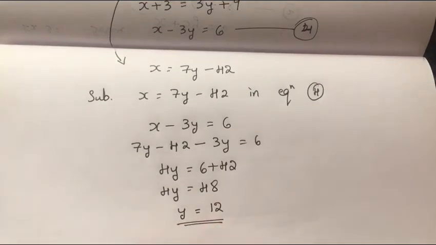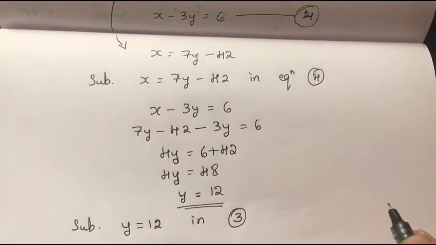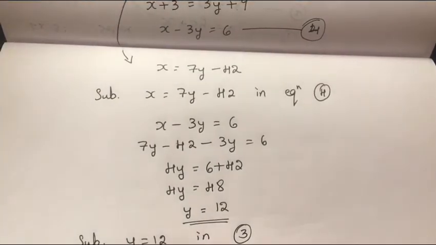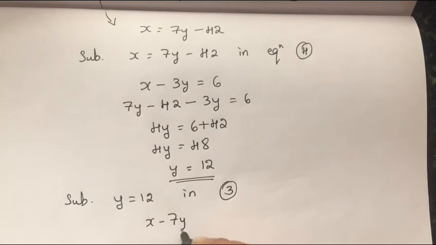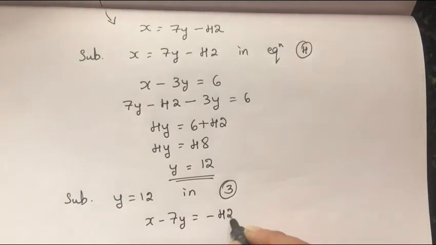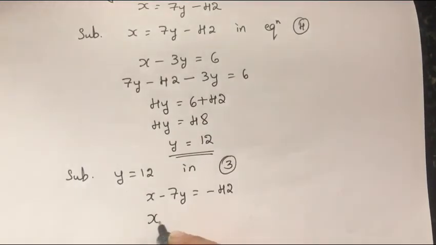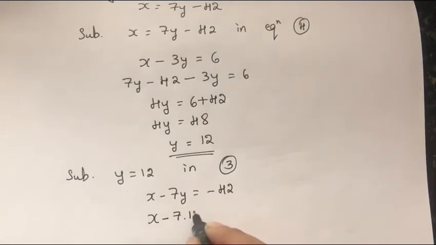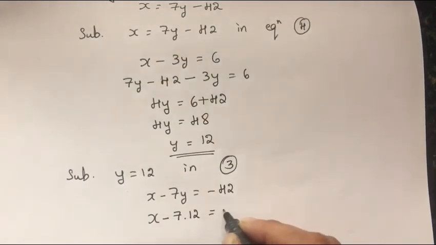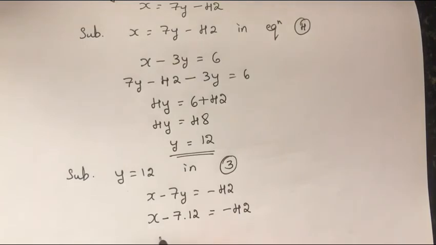Right. Now I have to substitute the value of y equal to 12 in any one equation, say equation 3. Equation 3 is x minus 7y equal to minus 42. So x minus 7 into 12 equal to minus 42.